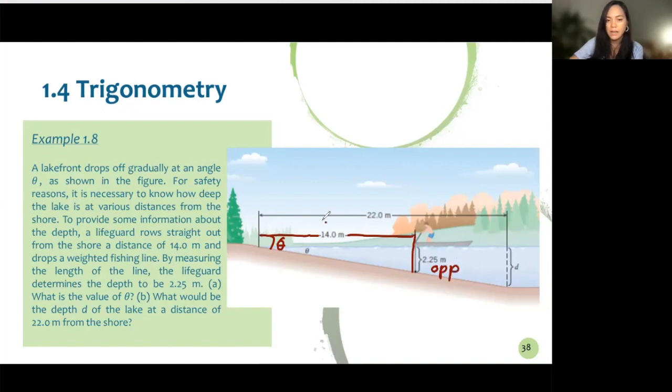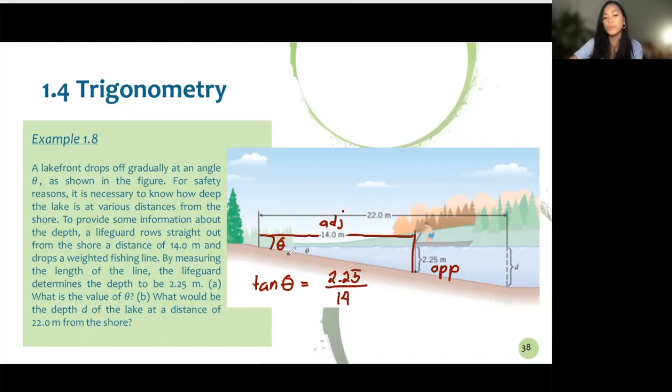And this is the adjacent. This is still tangent, right? Tangent theta is equal to opposite 2.25 divided by adjacent 14.